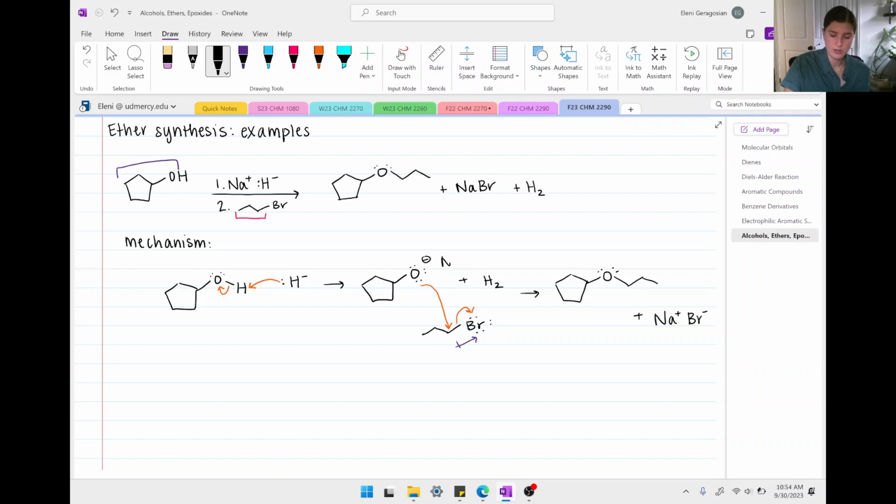I did forget to draw the sodium cation in that second step, so I just added that there near the oxygen. And that's the mechanism for that ether synthesis. So proton transfer and then substitution reaction. So here's example 1. Let's do another example.